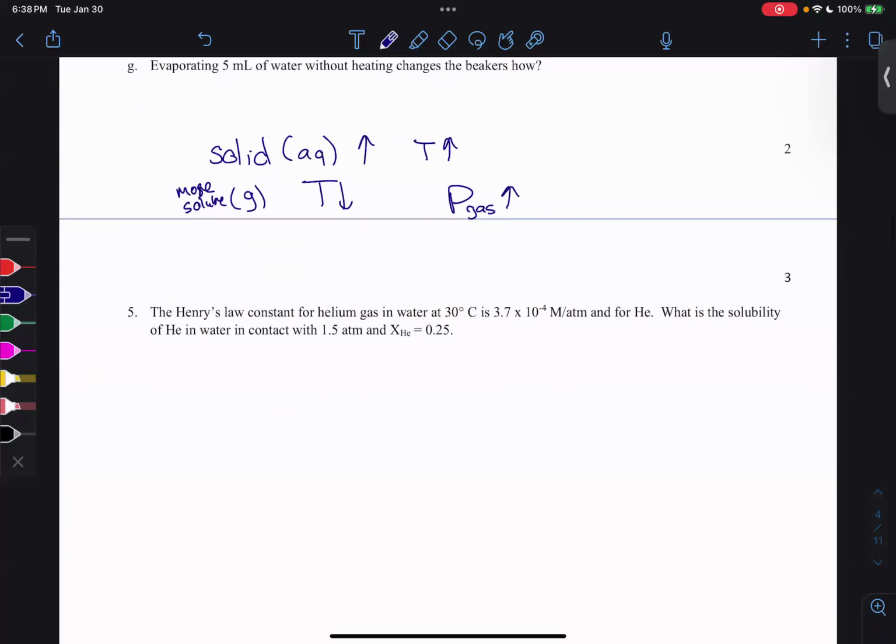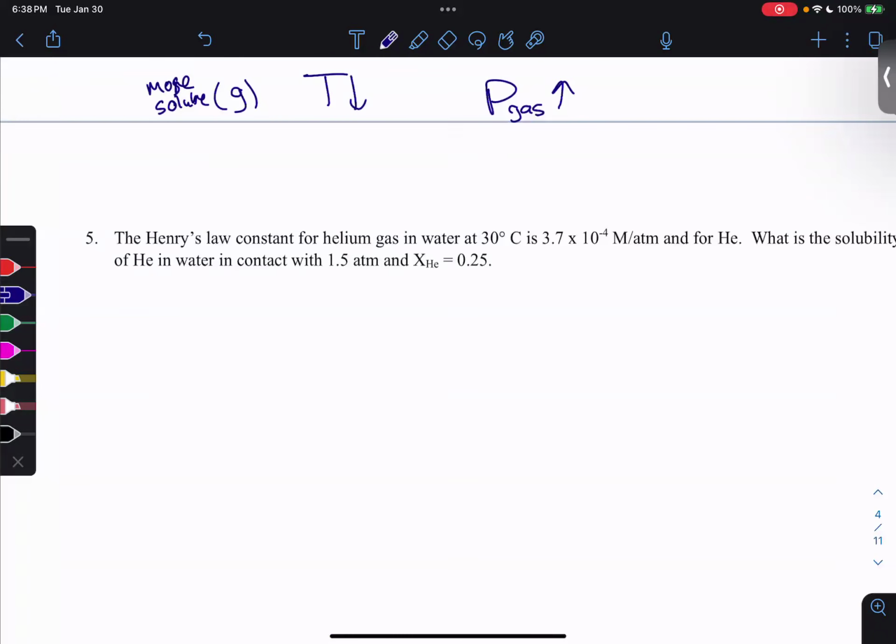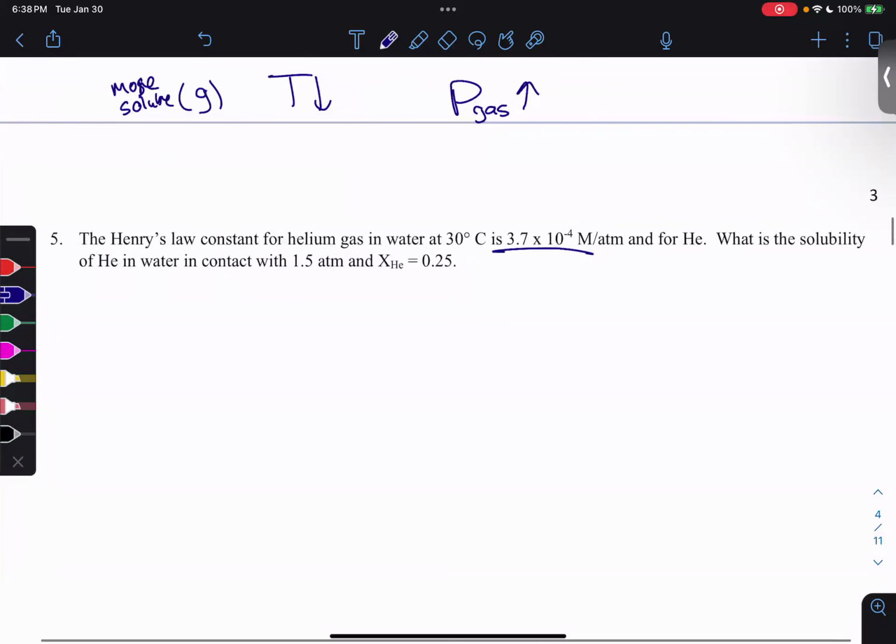So let's actually answer this question. Henry's law for helium is that. What is the solubility of helium in contact with one atmosphere of pressure, but the mole fraction of that gas, that pressure is only 0.25.